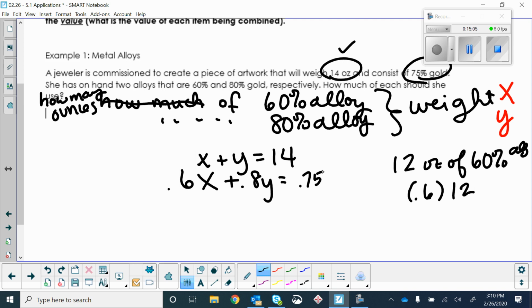So it's 0.75 of how much? 14. So now we have a system of equations. And I want you to take a few minutes to solve this. You can use either substitution or elimination, whichever you like. Technically, you could use graphing, but I didn't give you a graph. So take a few minutes.